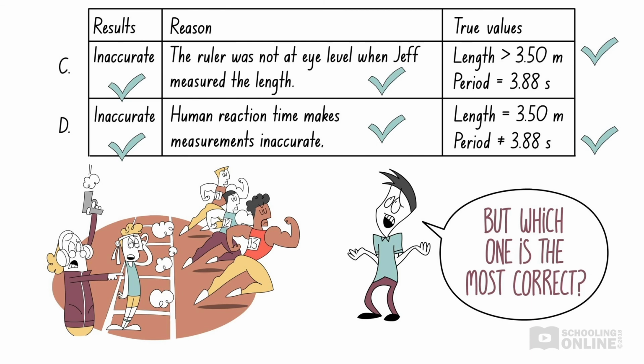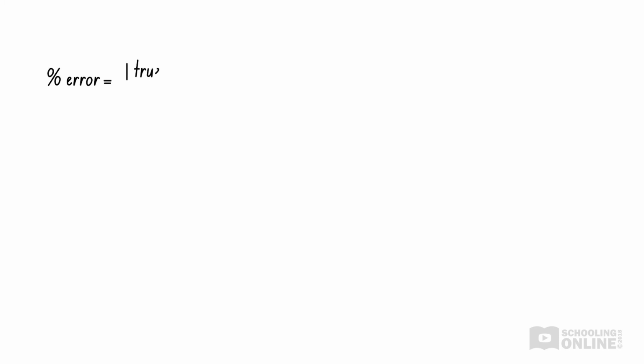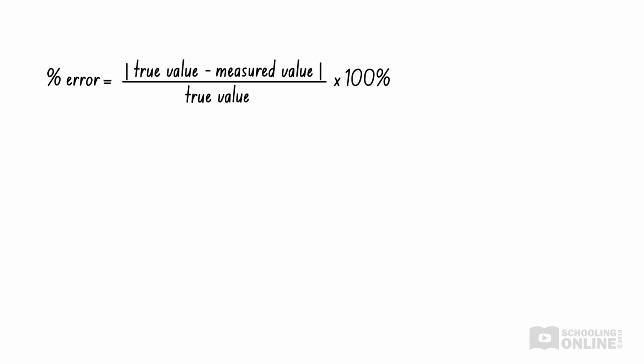We can do this by calculating the percentage error due to both factors and comparing them. Remember, percentage error compares the experimental error to the true value by expressing it as a percentage. The experimental error is the difference between the true value and the measured value.